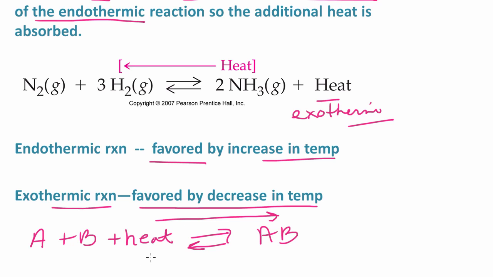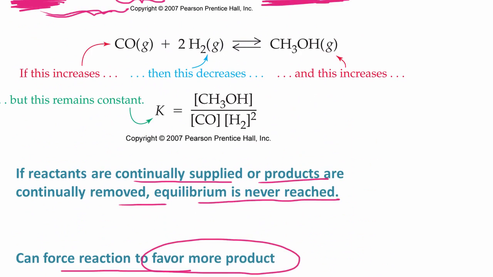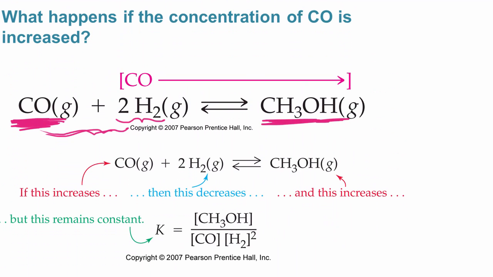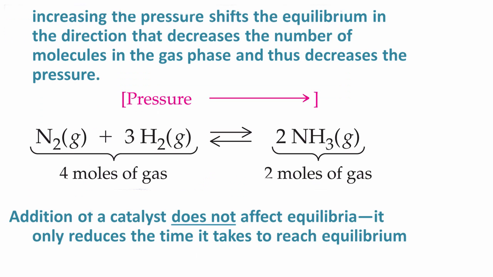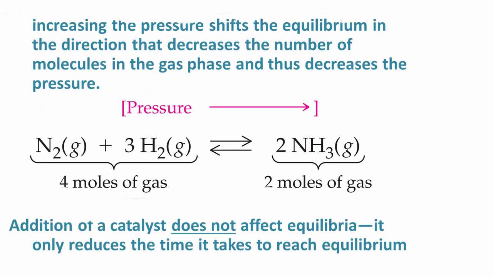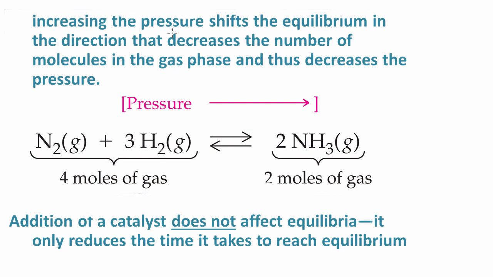On the other hand, if I lowered the temperature, I'm removing the heat, then the reaction will shift to the left to replace that heat. So that's how that works. Again, when you add something, the system shifts in such a way as to remove it. When you take away something, it shifts in such a way as to replace it.